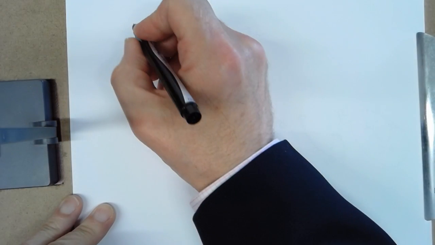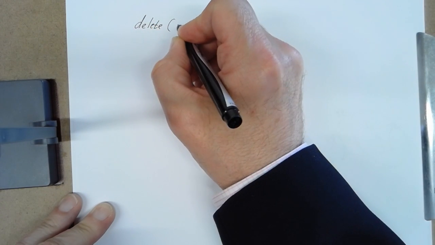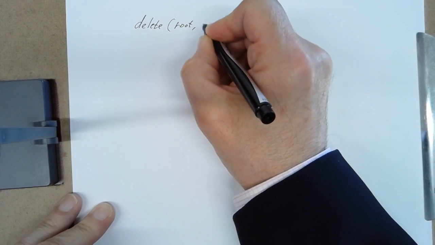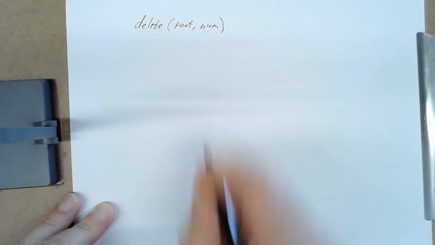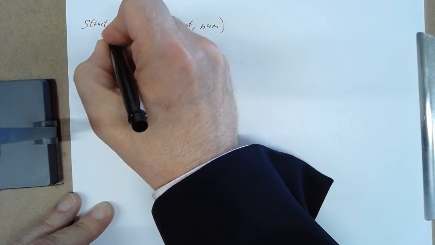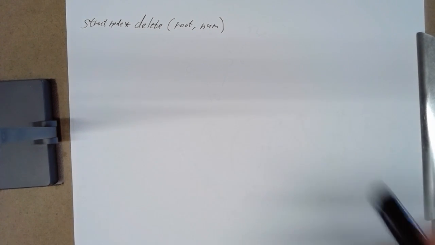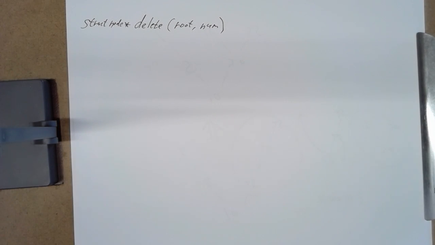So delete(root, num). And this is going to have to return a struct node star. Because remember, our root is pointing to the root, and if we happen to delete the root, then that's going to have to point to something else. So we're going to want to return the address of the new root.